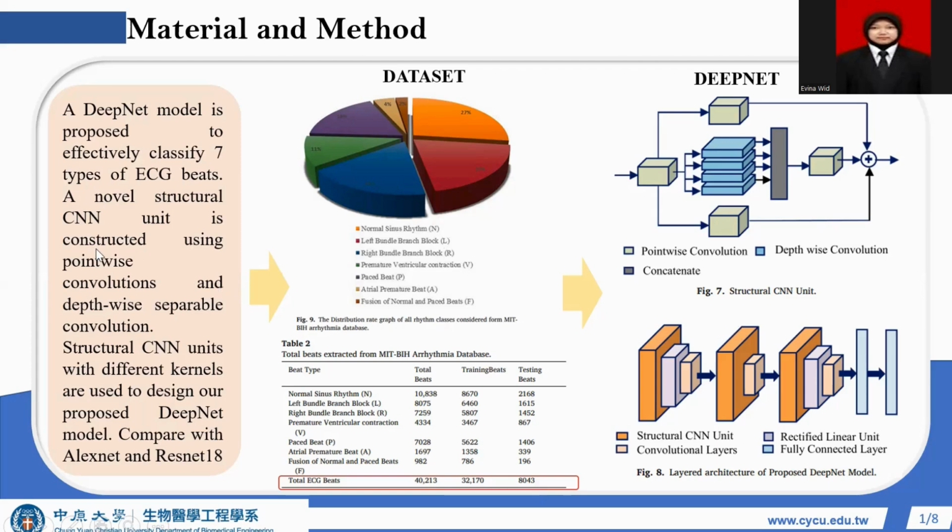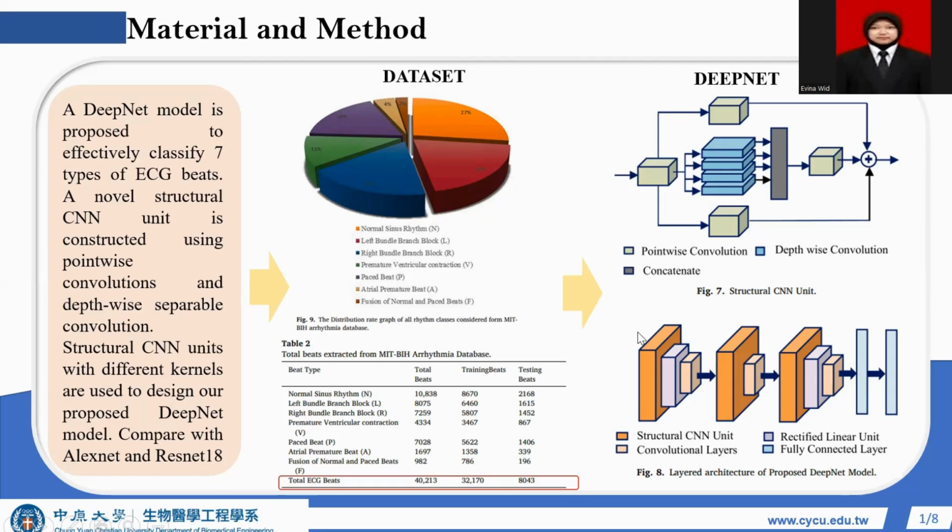They constructed the structural CNN. This is the structural CNN unit. First, they have a pointwise convolution, and then they go to the depthwise convolution, concatenate it, and go again to the pointwise convolution. The structural CNN is in the orange color.